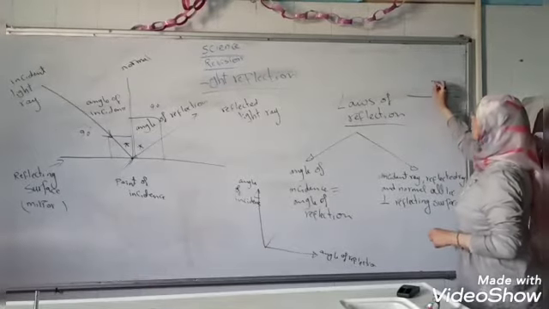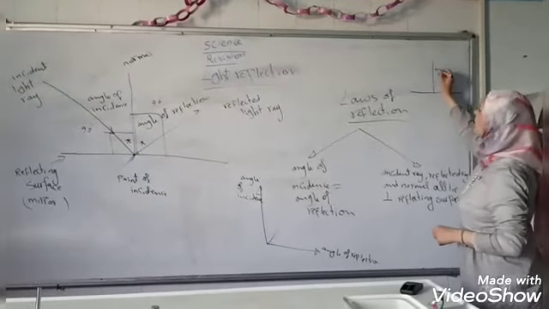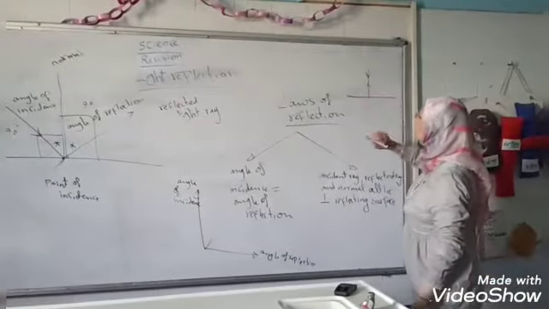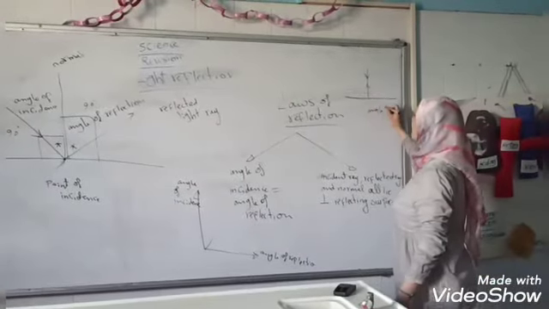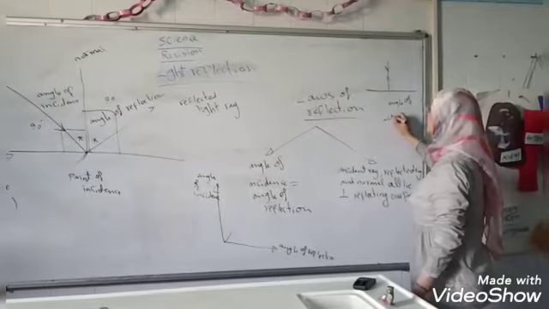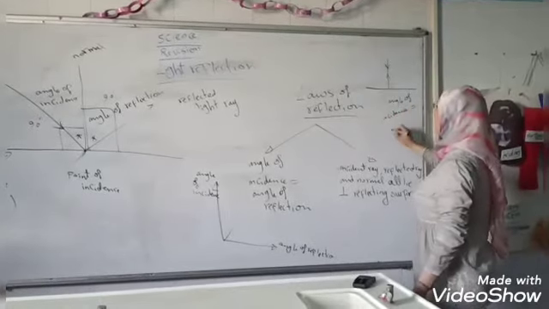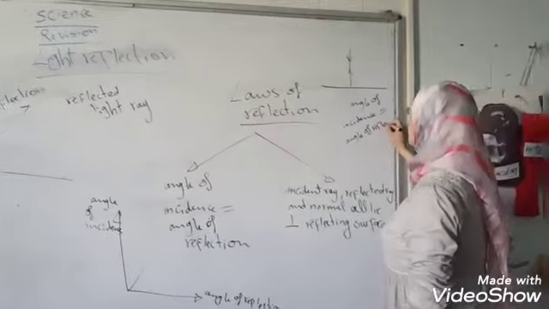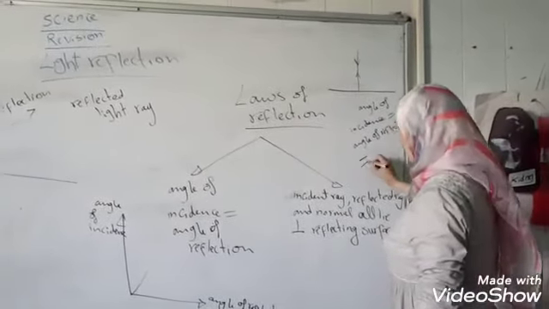Reflecting surface. This is the normal. What happens when light falls in this direction? It will be reflected in the other direction, and the angle of incidence equals the angle of reflection equals 0.